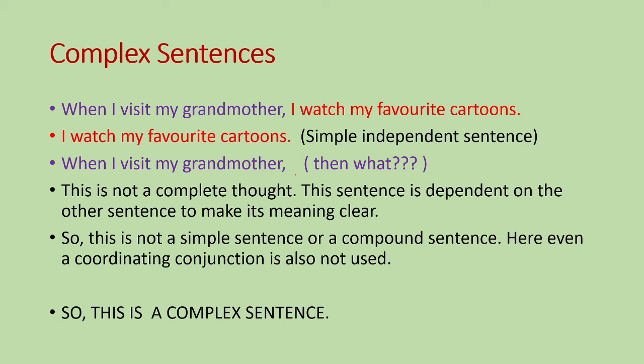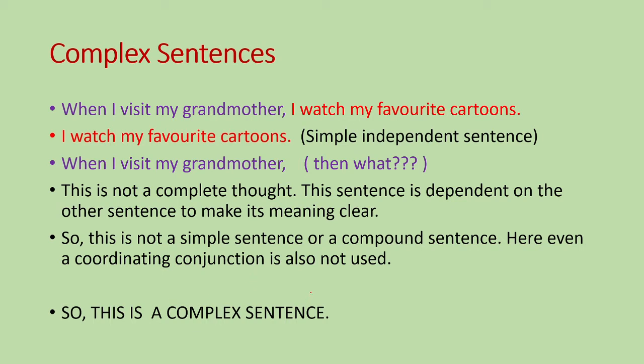It is not complete. Therefore, it requires some other sentence to complete its meaning. So this sentence is dependent on the other sentence to make its meaning clear. So it is not a simple sentence, and it is also not a compound sentence because there is no coordinating conjunction here. Therefore this is known as a complex sentence.